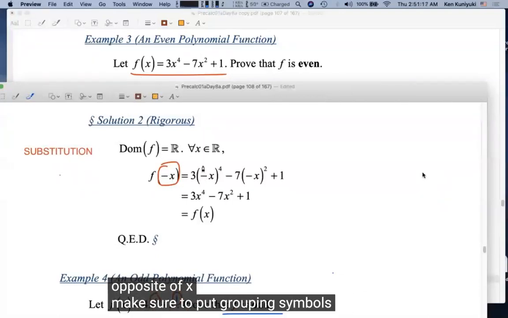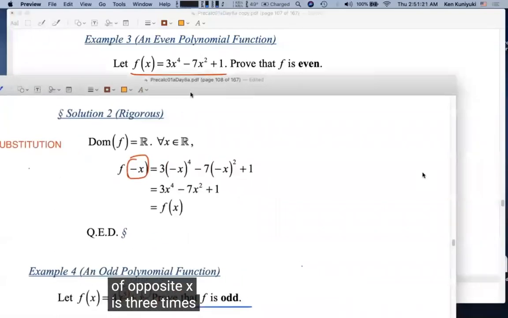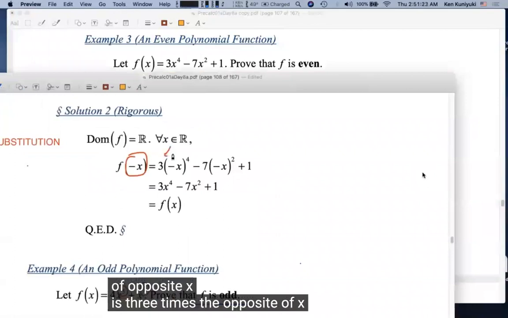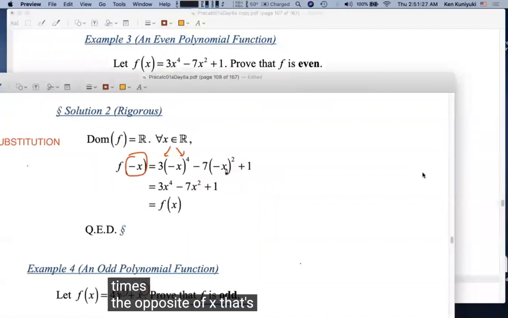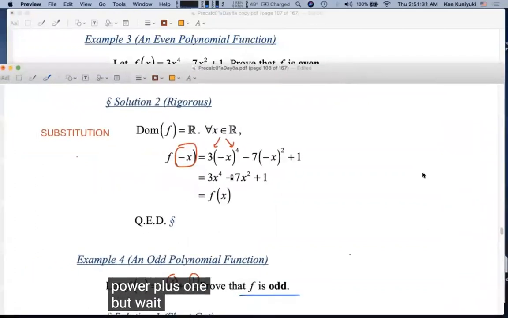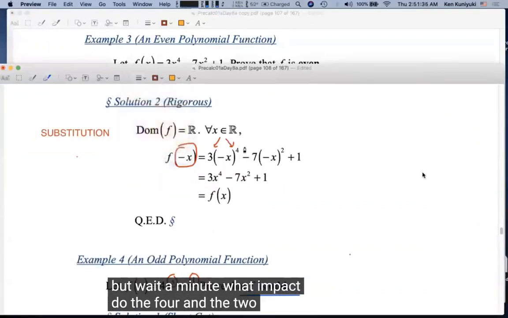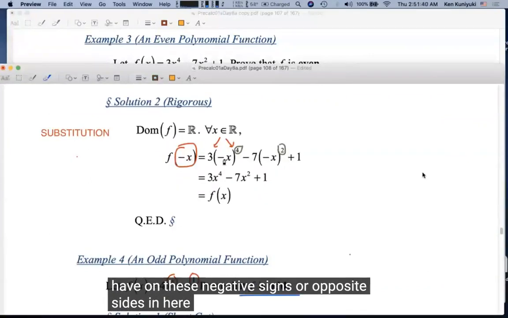Make sure to put grouping symbols. So f of opposite x is 3 times the opposite of x, that's to the 4th power, minus 7 times the opposite of x, that's to the 2nd power, plus 1. But wait a minute. What impact do the 4 and the 2 have on these negative signs or opposite signs in here?